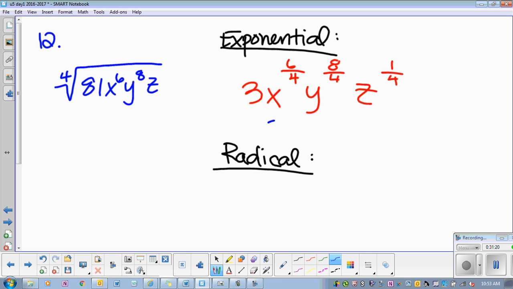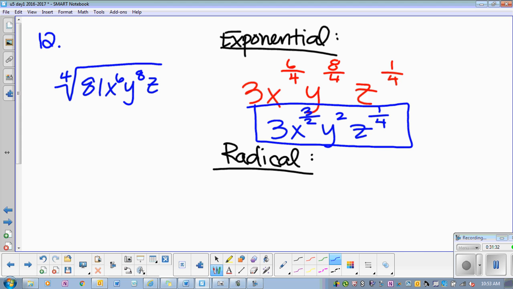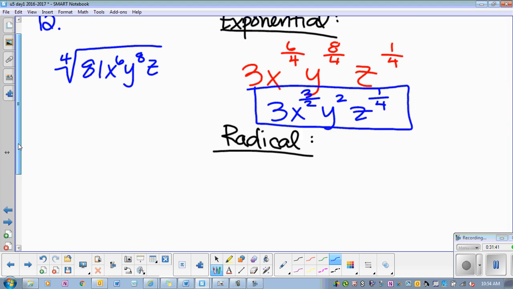So this should be 3x to the 3 halves, y squared, and z to the 1/4. Do we get this? Yeah? All right. If you didn't, then just say something, okay? I can go over it.